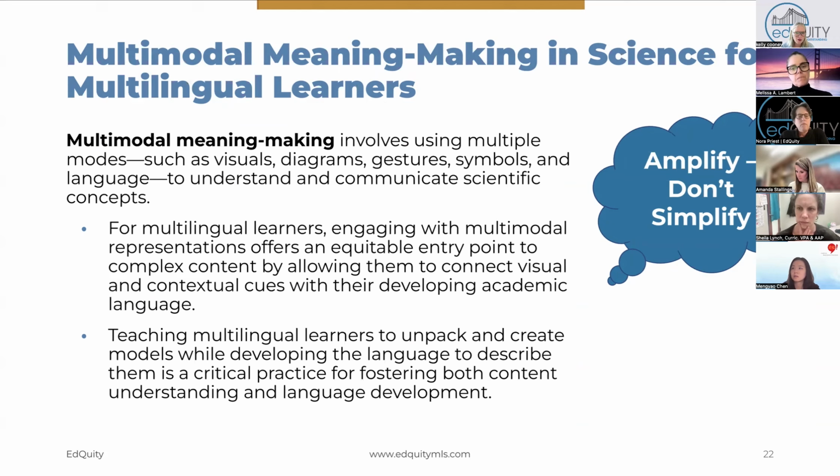And for our multilingual learners, the opportunity to even engage with models is a great scaffold, as we know, right? So for newcomers, we might have them draw a model of a concept and talk about it, right? And we give them some language to talk about it. And then we apprentice them from that to a full-on written explanation.